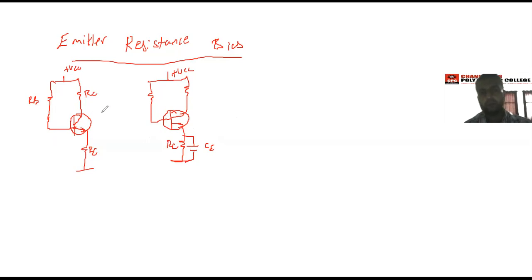So when we use this circuit, here is the explanation of this biasing. When the circuit is connected, the transistor temperature starts increasing. Due to the increase in temperature, your ICO current is also increasing.